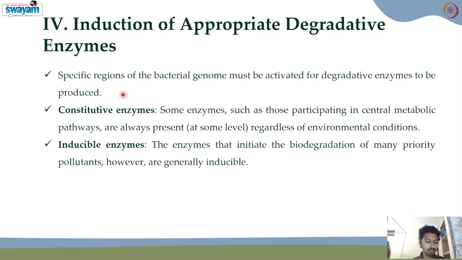It is the same way with the constitutive enzymes: the microorganism produces these enzymes continuously for running its central metabolic processes, that is, for energy production, growth and basic metabolism. Whereas with the inducible enzymes, based on the toxicity, their genes are switched on or off and they secrete enzymes that can break down the pollutant.